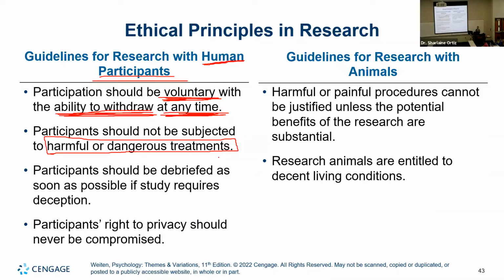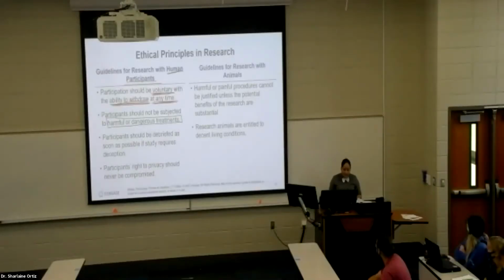Whenever you conduct research, we have to provide our research plan and our prospectus to an ethical board, and they are the ones that determine whether or not your study is harmful. So I'll give you an example.